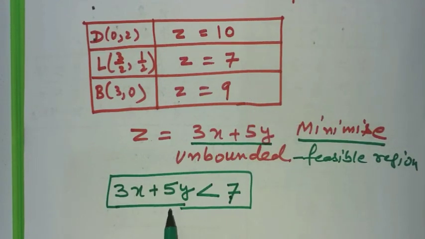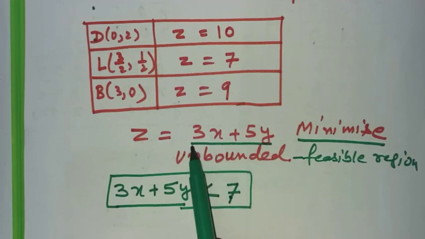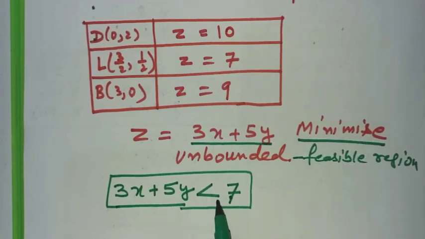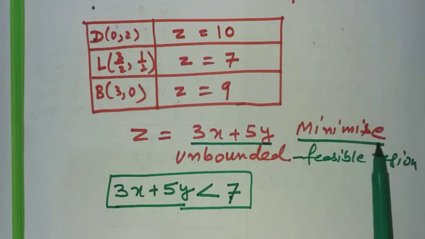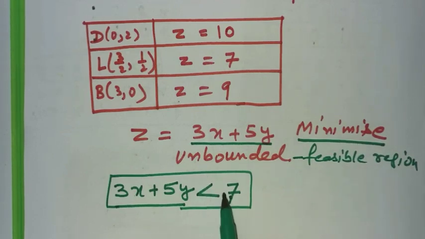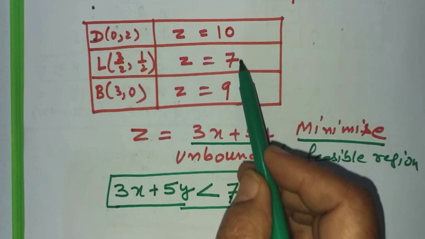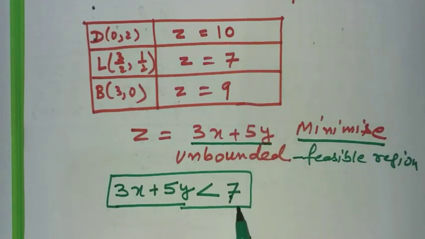How do you form this inequality? You write the right hand side of the objective function, and in case the word minimize has been used, you put a less than sign. In case the word maximize has been used, you put a greater than sign. In case you have to minimize the function, you take the minimum number out of these three and write here.